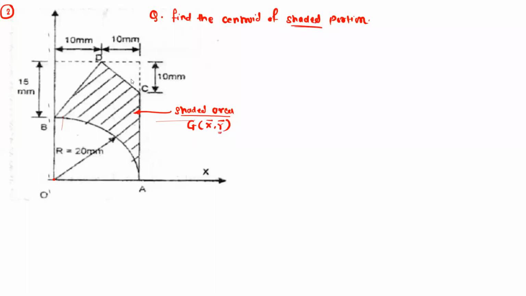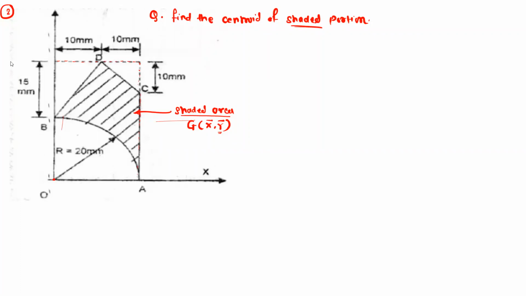If you observe this complete geometry, the first standard figure that you can observe is the rectangle. So this is the rectangle having the dimension.